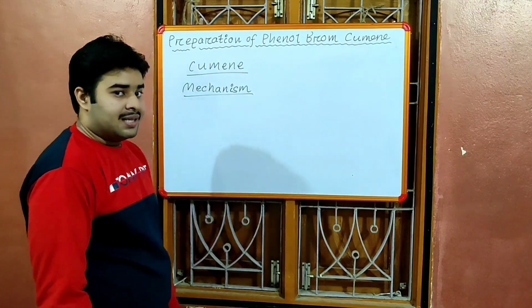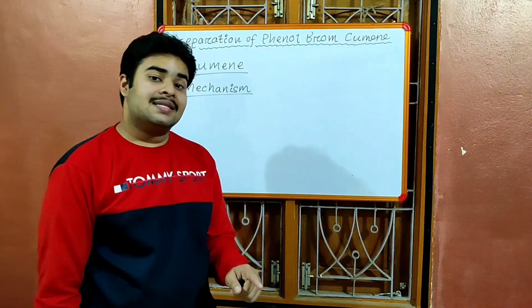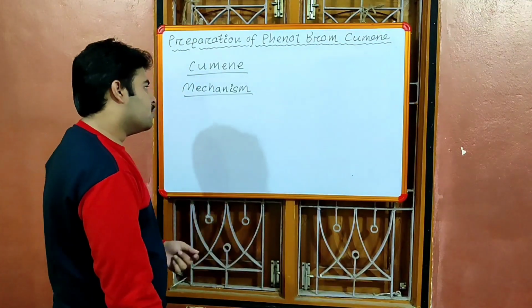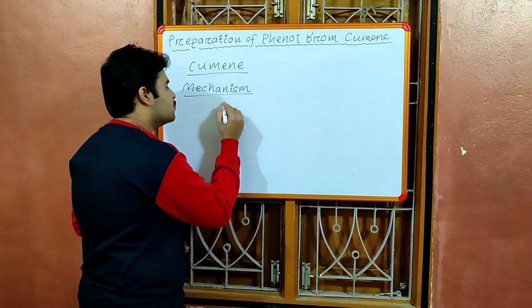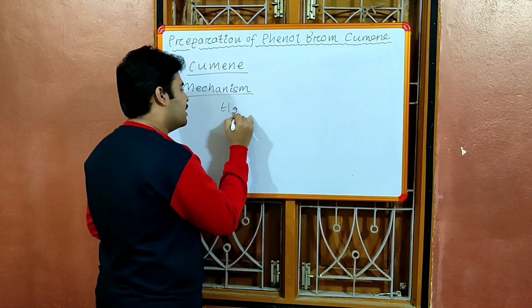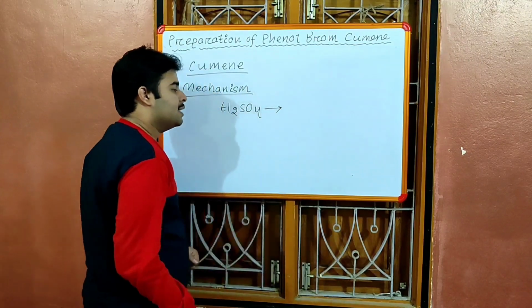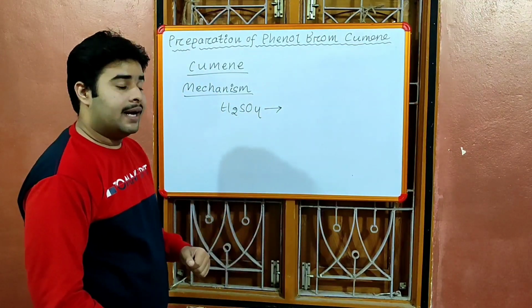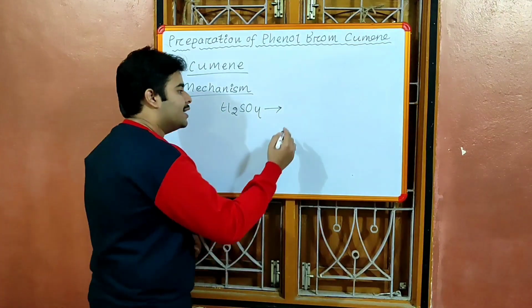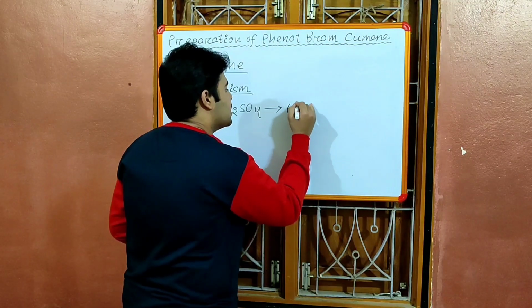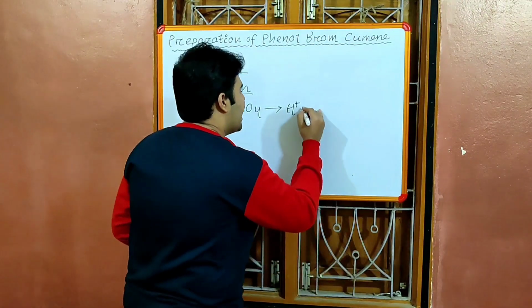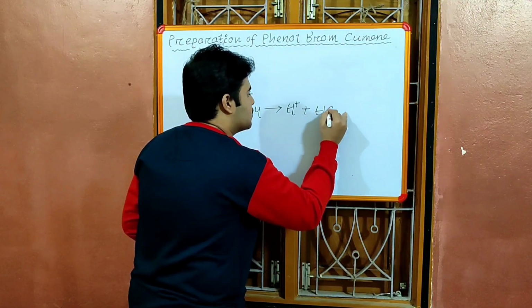As we know there is the presence of sulfuric acid and phosphoric acid, any one of them we can take. I am now taking sulfuric acid. As it is a strong electrolyte, it will dissociate completely and give us one H plus ion, that is our proton, and HSO4 minus ion.